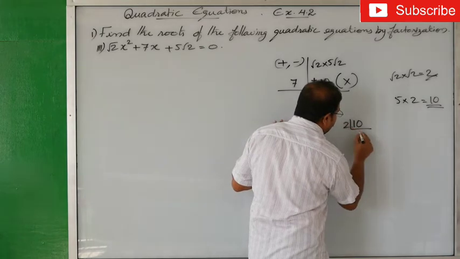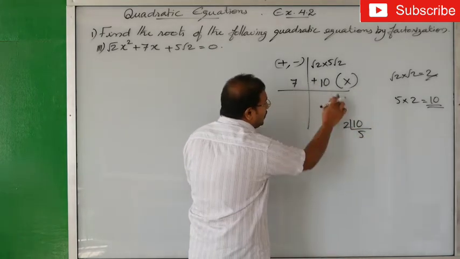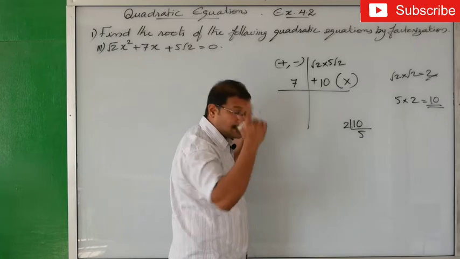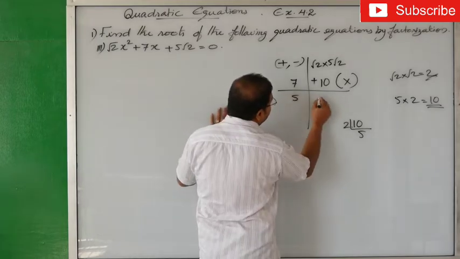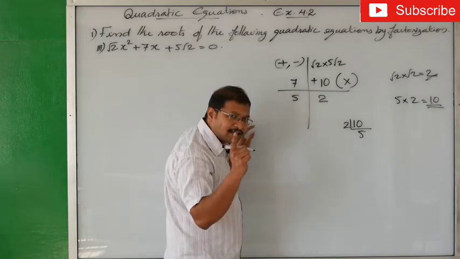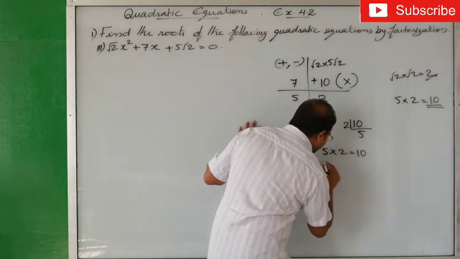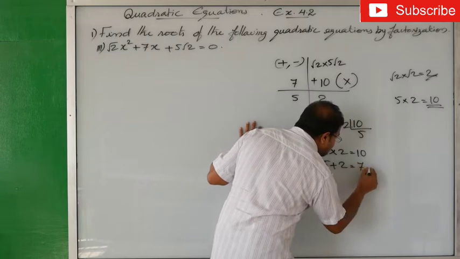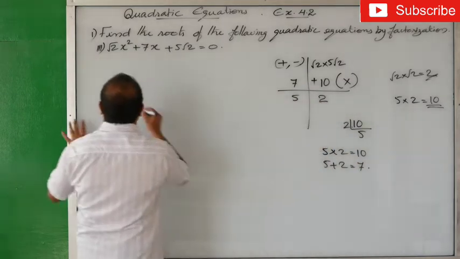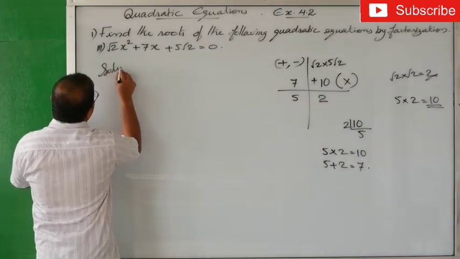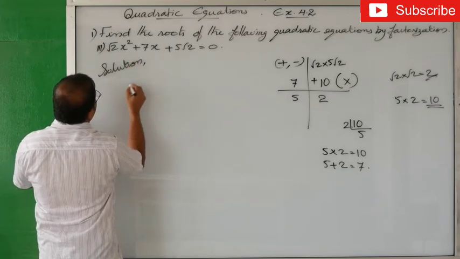10 by 2, 2 5s are 10, 5 2s are 10, 5 plus 2 is 7. So the numbers are 5 and 2. Understood? See, 5 into 2 you will get 10, 5 plus 2 you will get 7. Ready? So we'll write the solution.